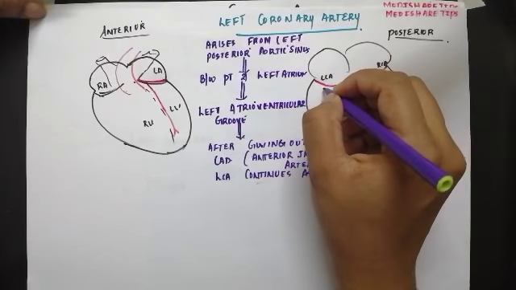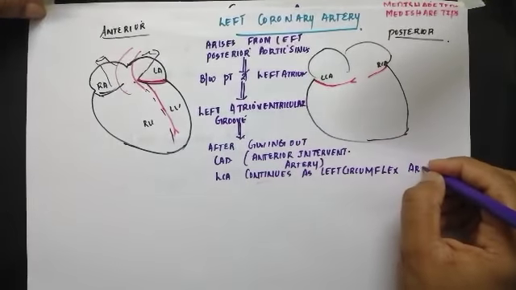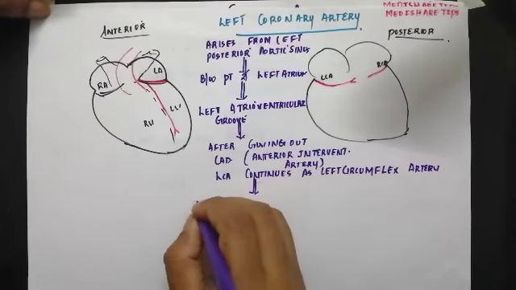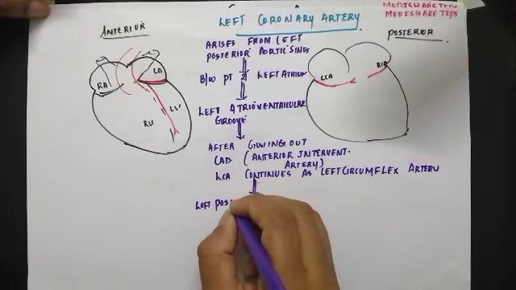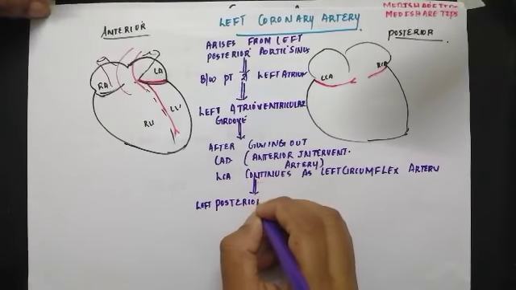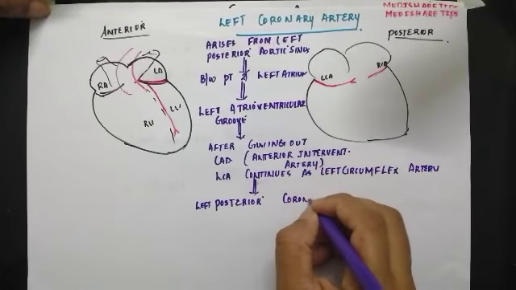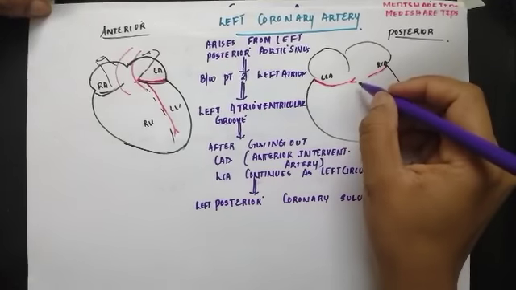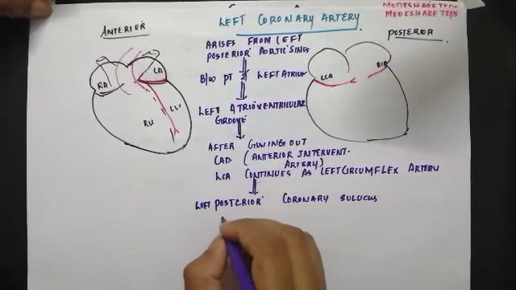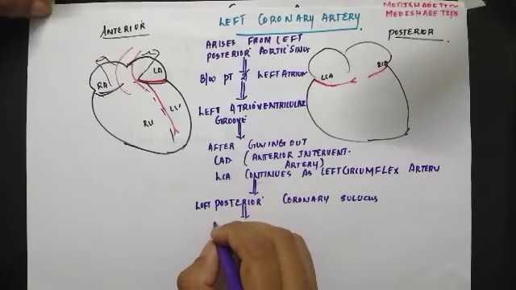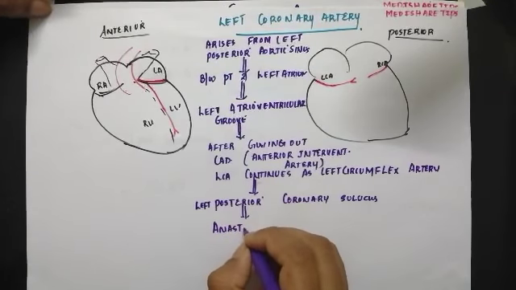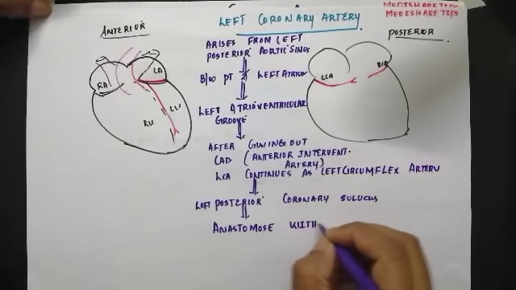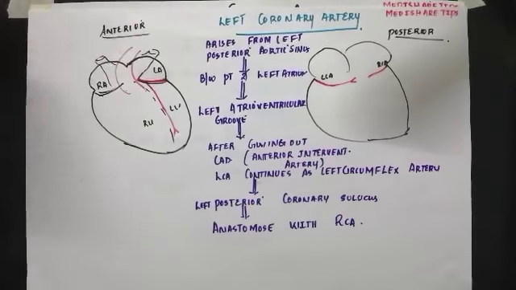So this is the left circumflex. The left circumflex artery reaches the left posterior coronary sulcus. And after reaching the region of posterior interventricular groove, it anastomoses with the right coronary artery. So that is the course.